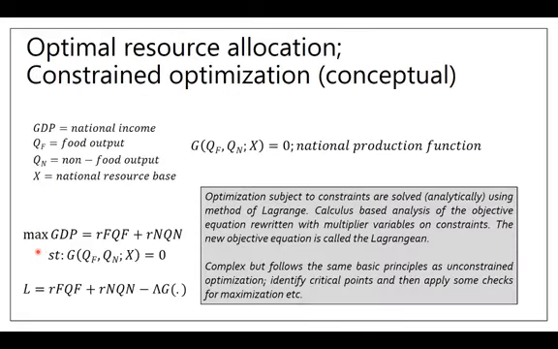Okay, but in terms of a broader economic efficiency or allocative efficiency, we can think about optimal resource allocation and our first conceptual constrained optimization problem that we're going to talk all the way through. What if GDP was our goal, and food output and non-food output were the categories that we could use to describe every possible output?